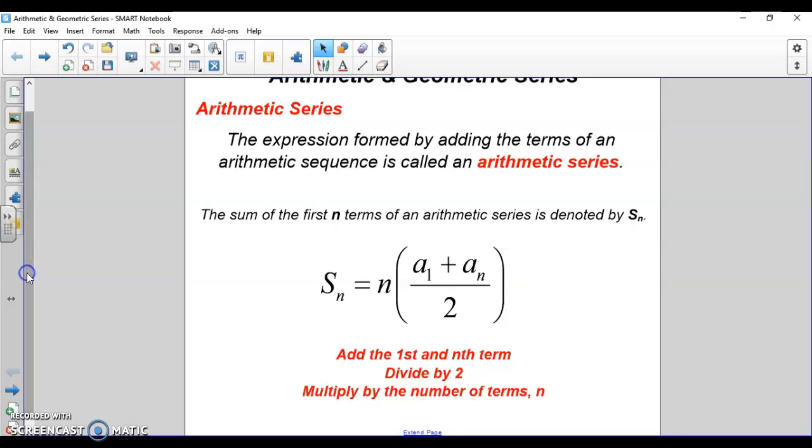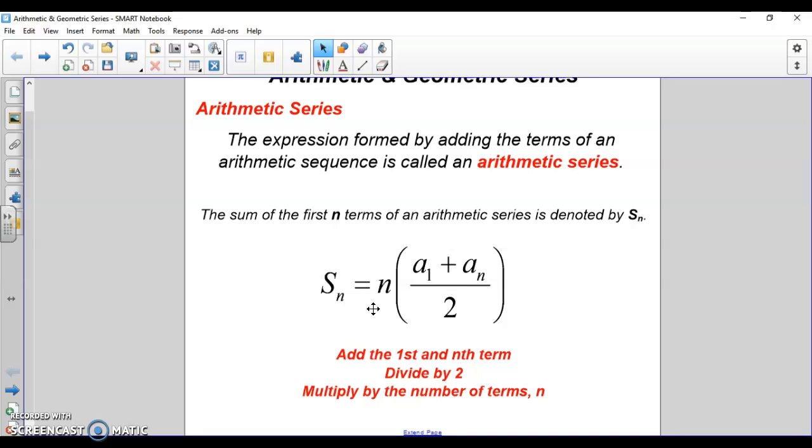All that means is you have to figure out what the first and the nth term is, whatever you're looking for. It could be the 20th term, it could be the 100th term, whatever it is. You add the first and the last term. Divide those by 2, and you multiply by the number of terms that you have in the sequence. And that's going to give you your result if you just added a set of numbers.